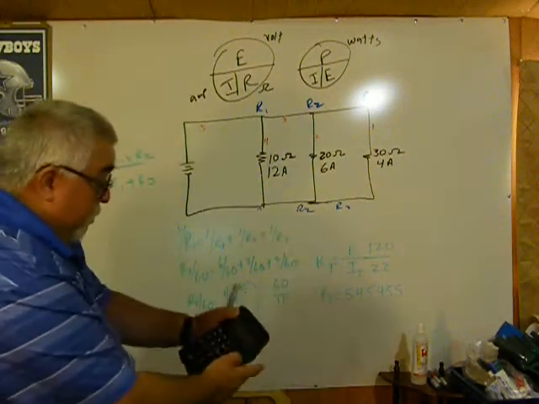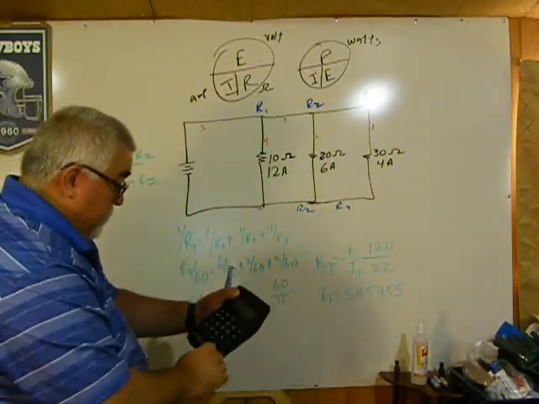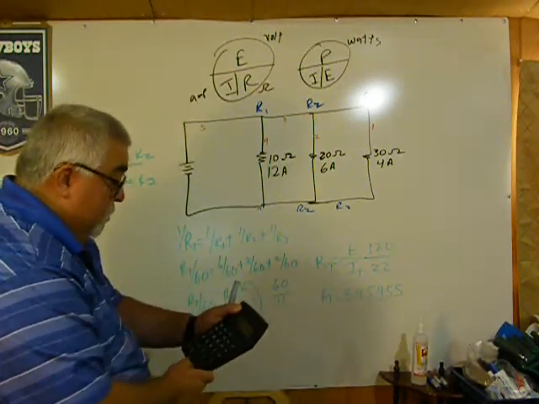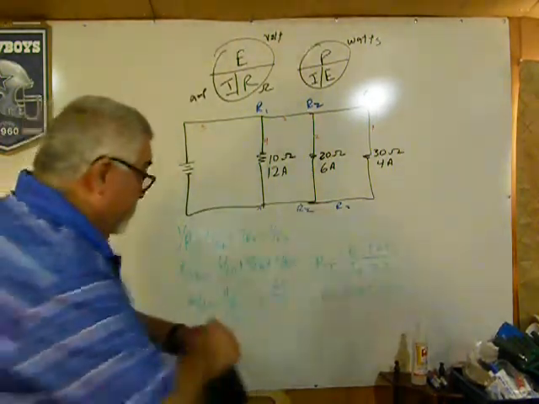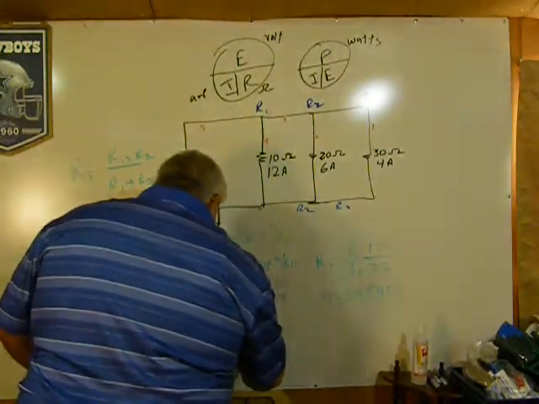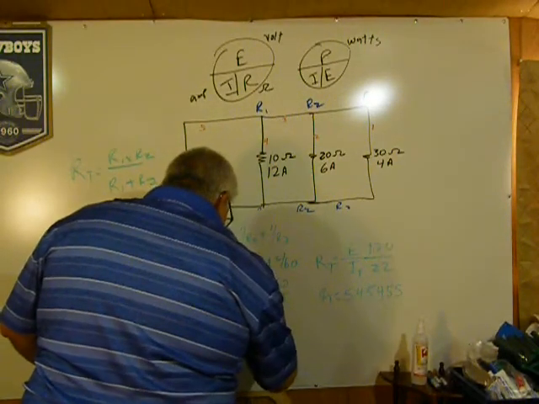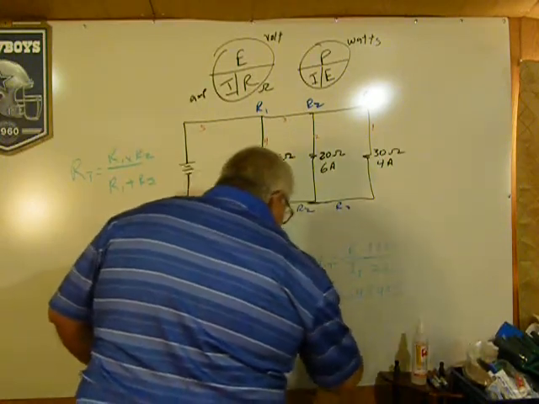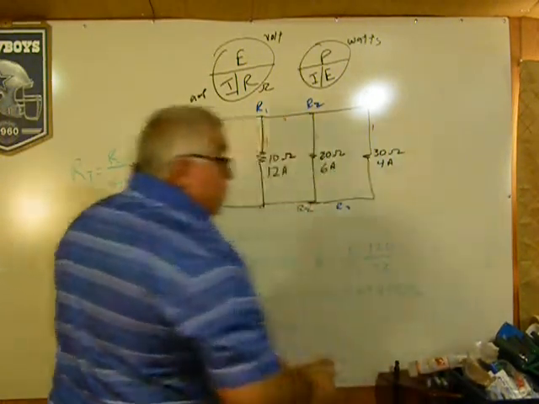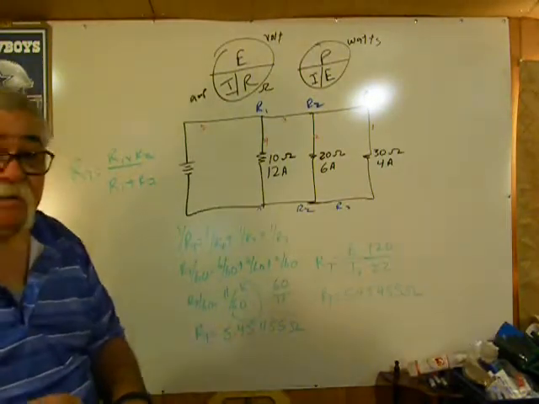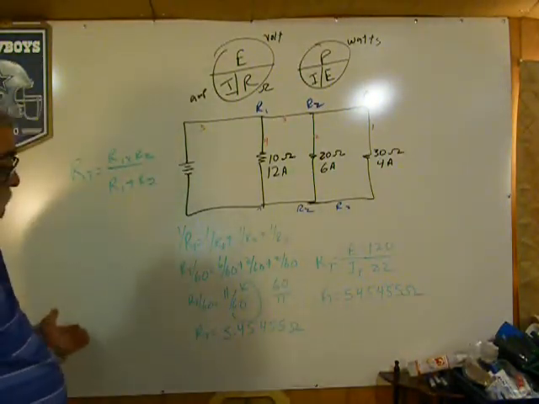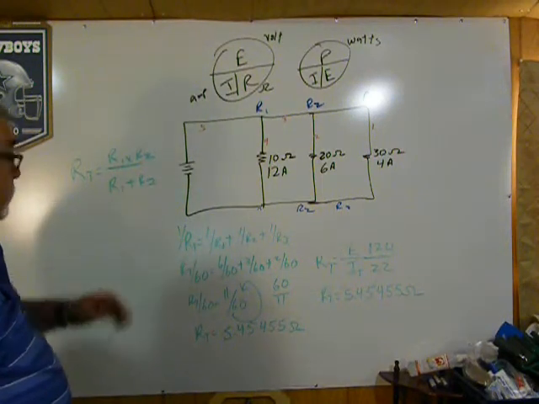Okay, get my calculator. 60 divided by 11 equals 5.4545. I'm just going to make that last one a 5. Identical. Identical.